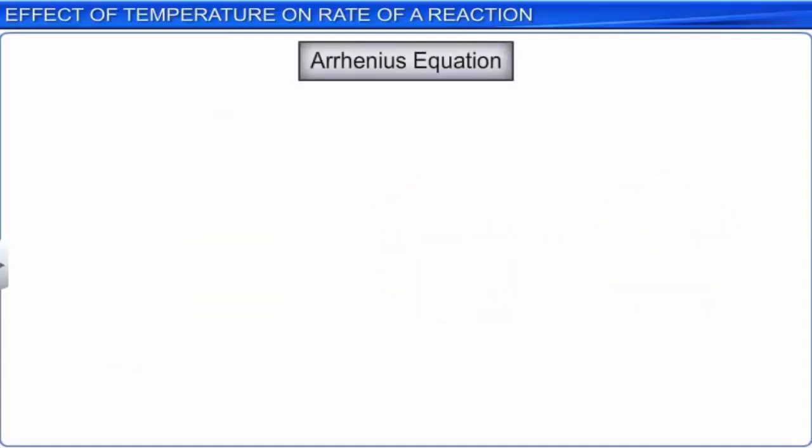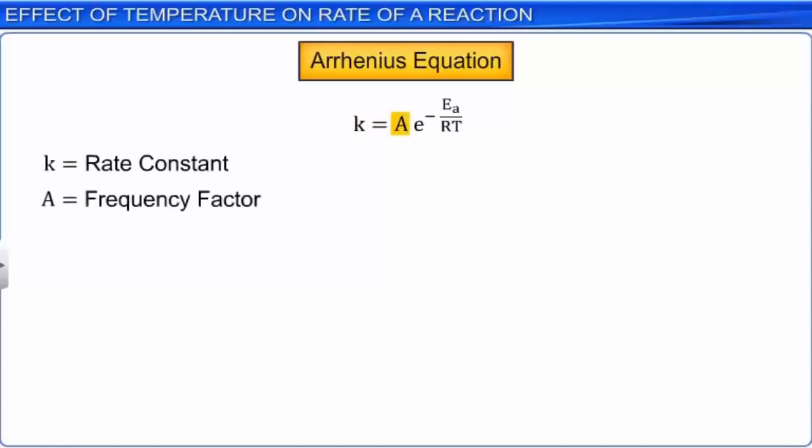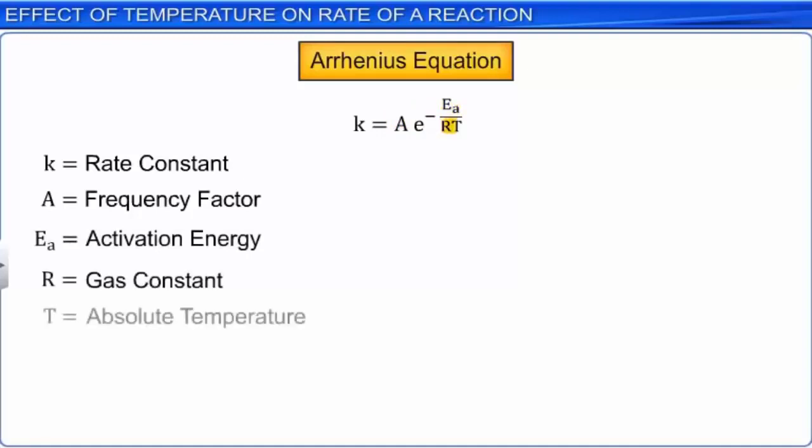The Arrhenius equation gives the relationship between the rate constant K of a reaction and the absolute temperature T. It is defined as K is equal to A multiplied by e to the power minus EA divided by RT, where K is the rate constant, A is the frequency factor, which is a constant specific to a particular reaction, EA is the activation energy, R is the gas constant, and T is the absolute temperature.